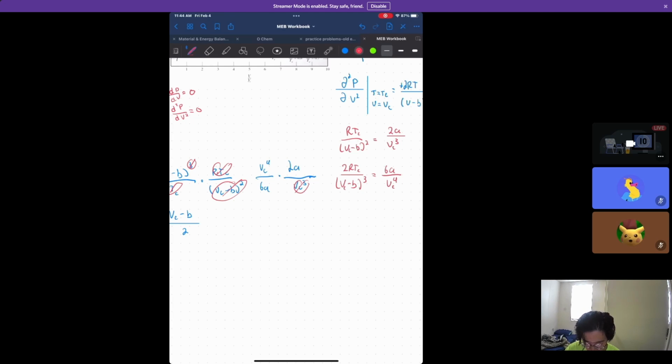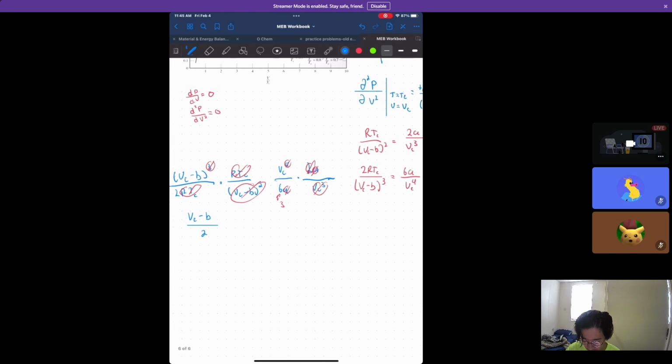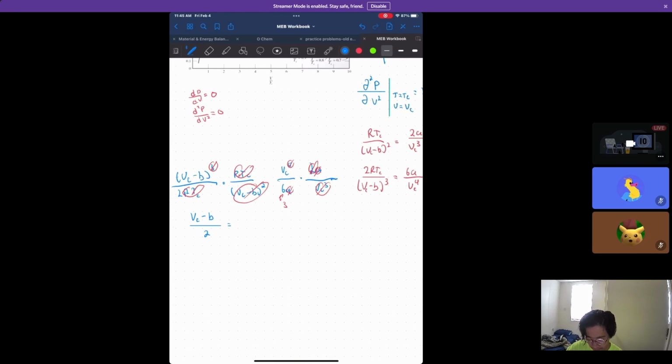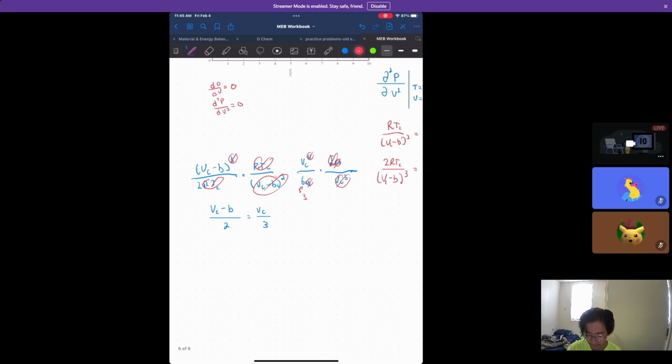This entire term, that exponent, the a, and this turns into 3. So on the right side of the equation, we now have VC over 3, right? Seems about right to me. Now what we can do is multiply the denominator to each side of the equation.